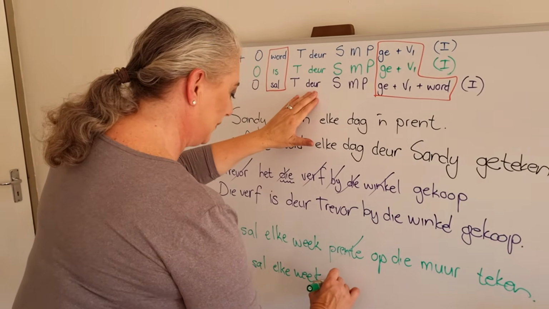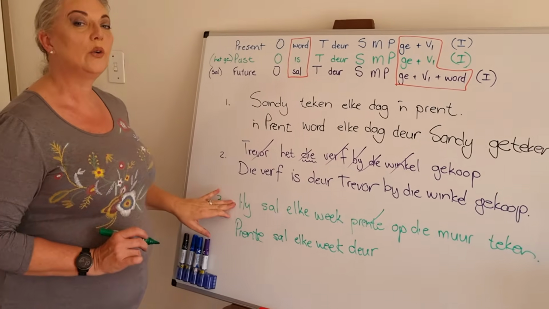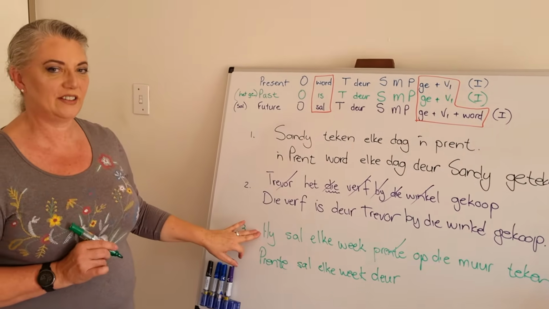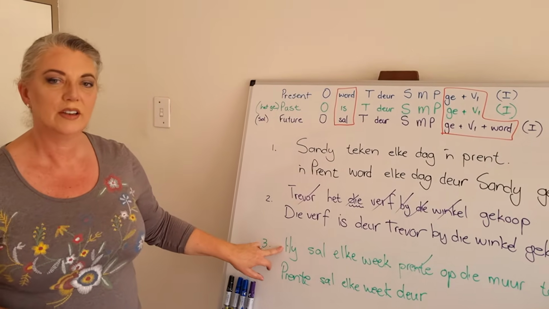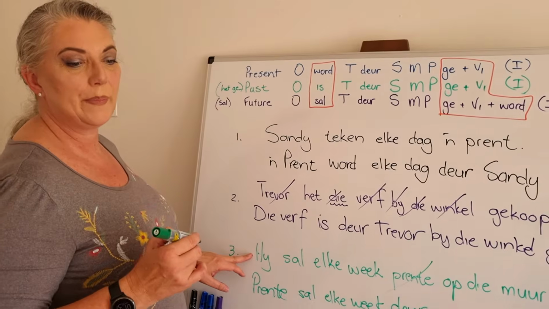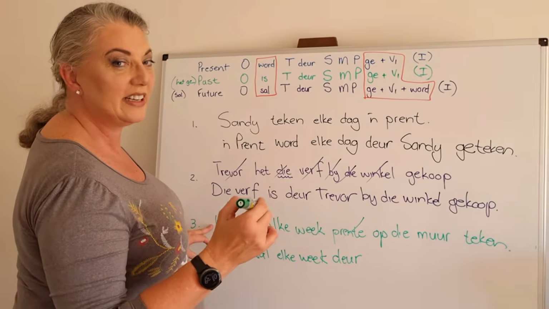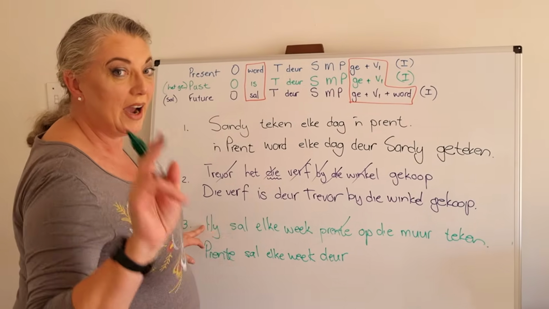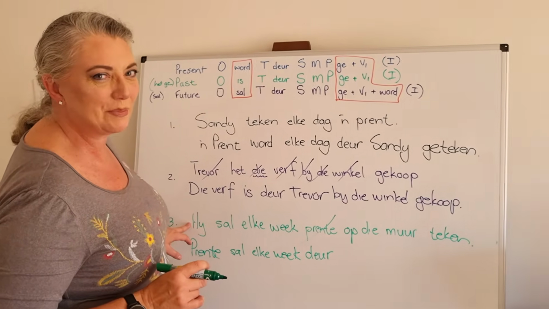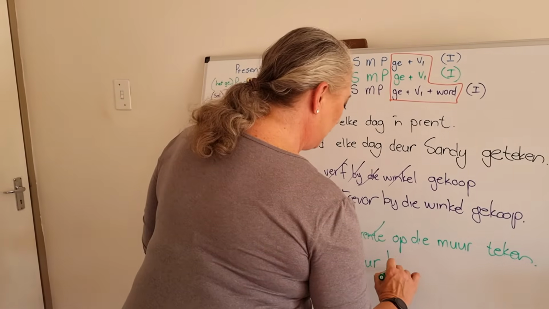Deur. The subject is hy. We cannot say hy in the sentence. We have to change it to hom. We can't say the picture is drawn by he. It is him. I will do a very quick tip on those. Look out for that one. Deur hom.